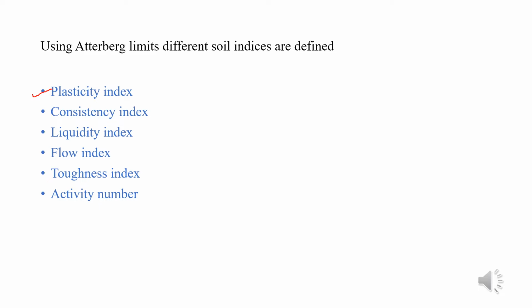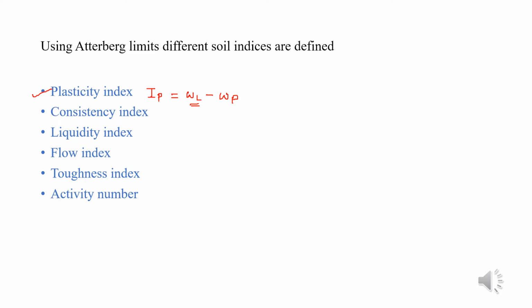Okay. So what is my plasticity index? The plasticity index is symbolized by IP and it's equal to the difference between the liquid limit of the soil and the plastic limit of the soil. The liquid limit we have seen defined by WL and the plastic limit is WP.